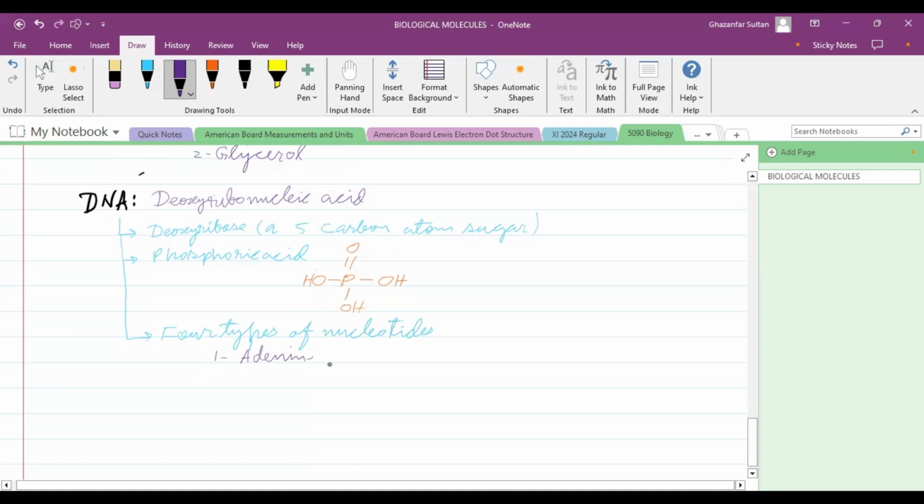Actually, adenine is a molecule which is present in one of the nucleotides. Guanine, thymine, and cytosine. This is part of our syllabus, and we will see the detail in inheritance.